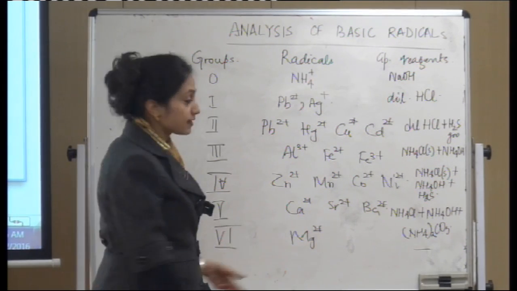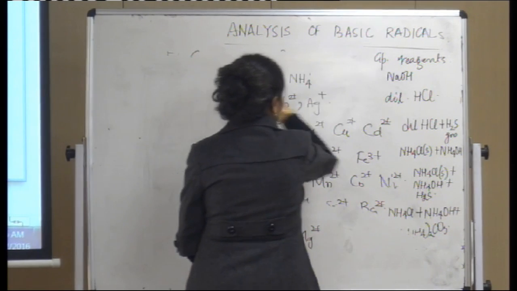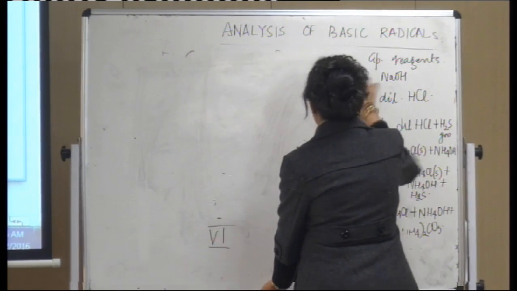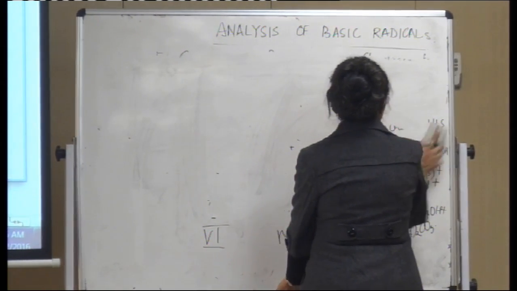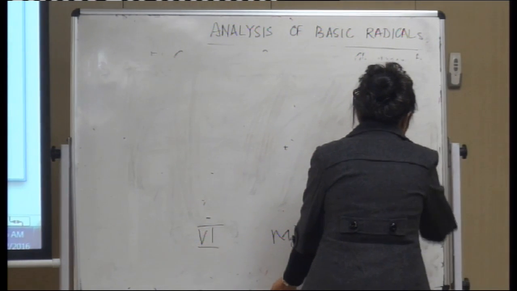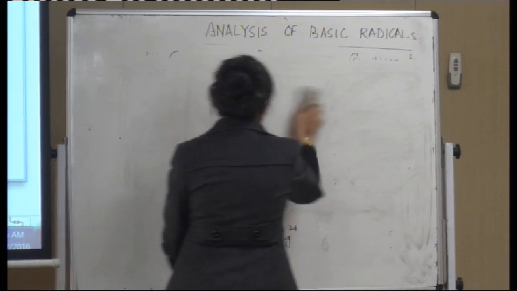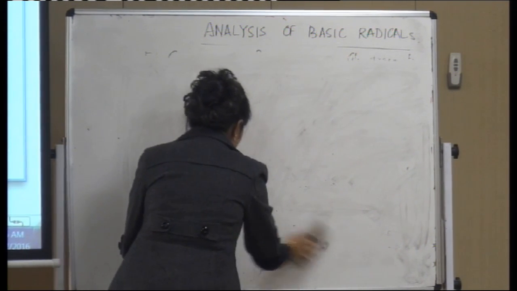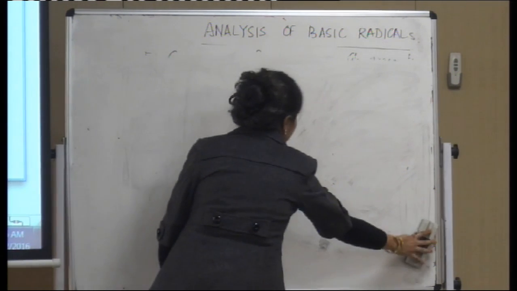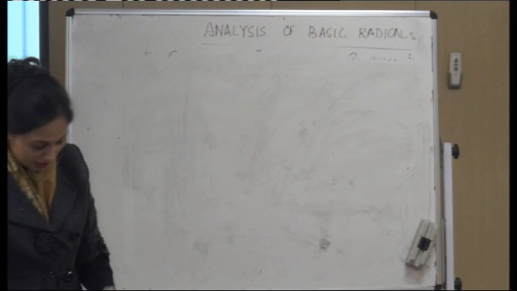So now let's discuss the chemistry behind all of these. For the first case, you can even write down the reaction of any of the ammonium salts. If you want, you can write NH4OH plus NaOH, and try to work out for yourself what it will give.